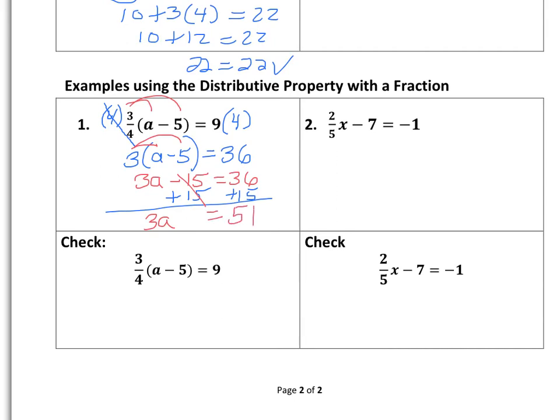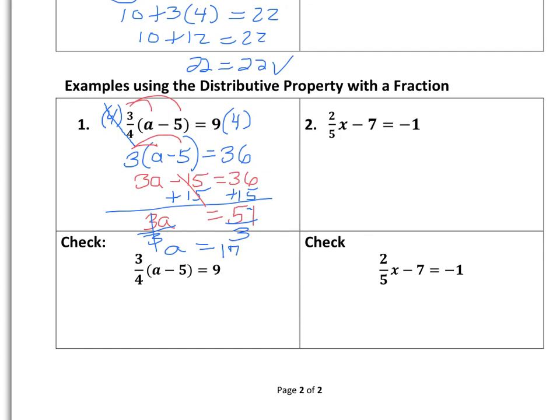And we're going to divide out that 3, undoing multiplication with division. 3 divided by 3. A equals 51 divided by 3. 3 goes into 5 once with a remainder of 2. And 3 goes into 21 7 times. So we think A is 17.